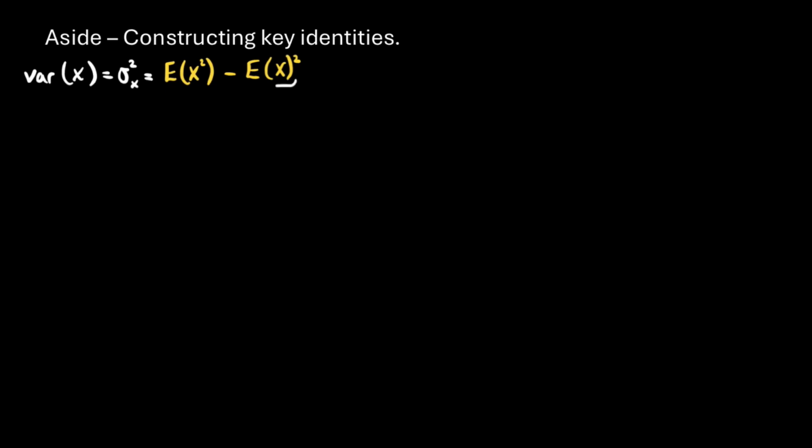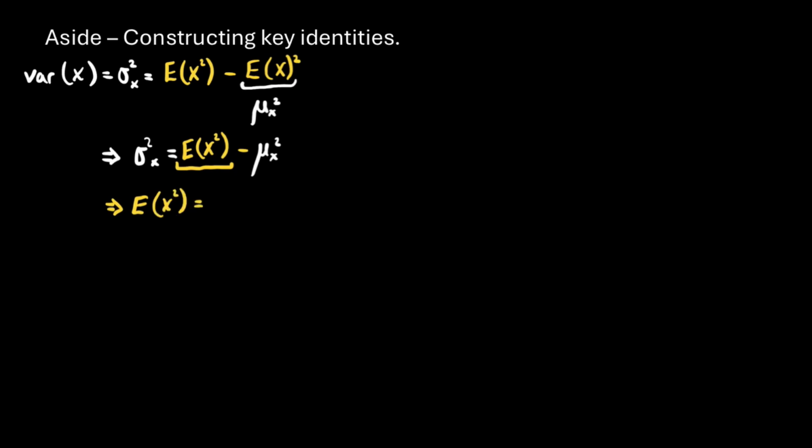Now, from before, we know that we can denote E of x as mu x, so we could rewrite this expression to give us that sigma squared x is equal to the expected value of x squared minus mu x squared, and that allows us to rearrange for the expected value of x squared as being equal to sigma squared x plus mu x squared. That's the first identity that we're going to use later in our proof.